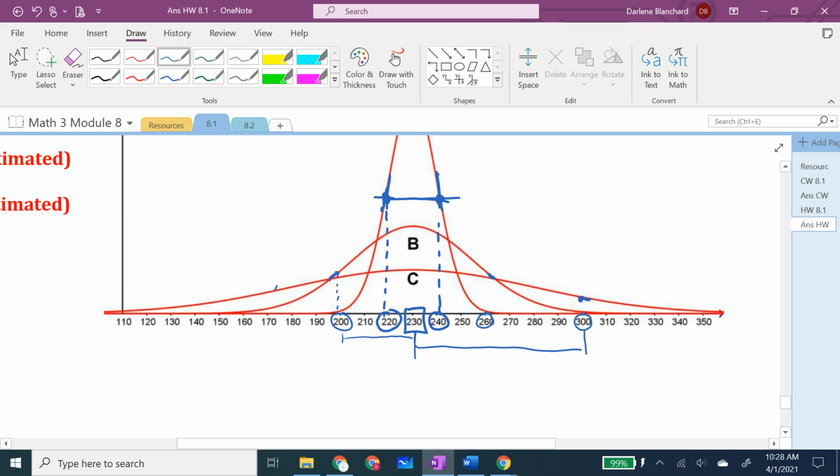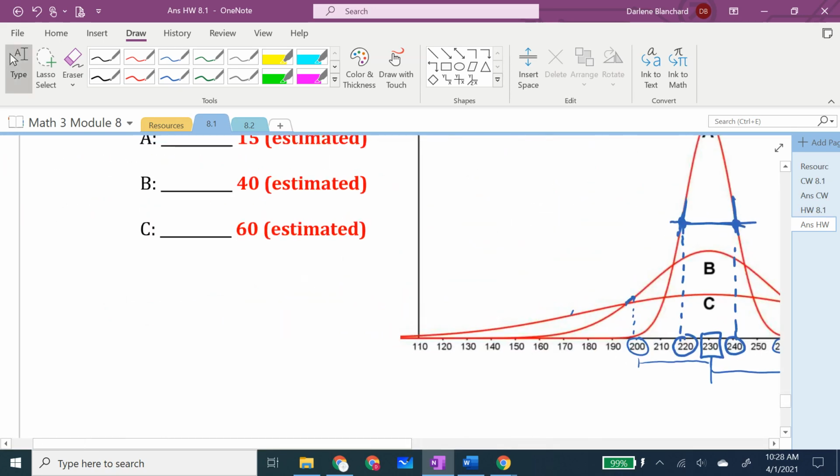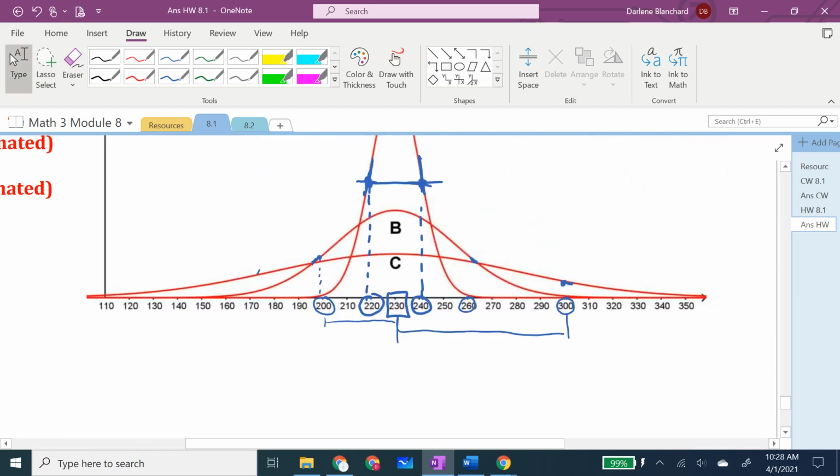So that's about 70 units away, and they have 60. So I overestimated that one a little bit. But again, it's hard to eyeball exactly where that curve changes from being like that to being like that.